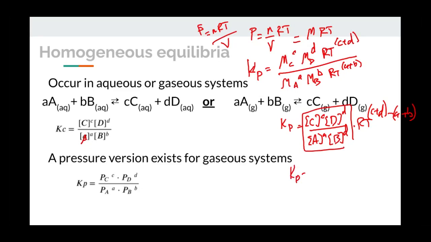So Kp is equal to Kc times RT to the c plus d minus a plus b. But c plus d is the number of moles of gas on the product side, and a plus b is the number of moles of gas on the reactant side. So what we're doing really is raising it to the change in the number of moles of gas in the reaction. That gives us a conversion factor between Kp and Kc.